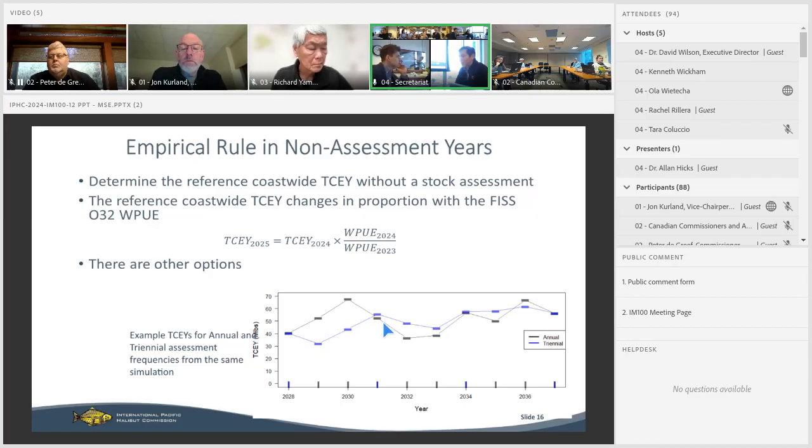So, but they're very similar. And then we do another 3-year period, setting it based on FIS, and then setting it on the assessment in the third year, and so forth going forward. So what I learned from putting this example together is that when the assessment comes, it's sort of correcting it back into the realm of what the assessment thinks, bringing all the data together as the appropriate TCY level. They depart a little bit from there, and then they sort of come back together.